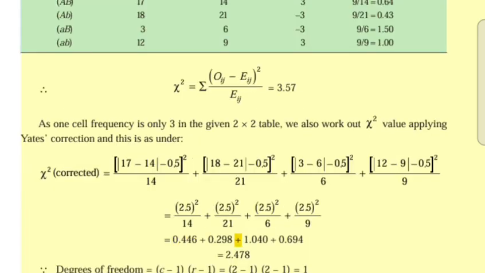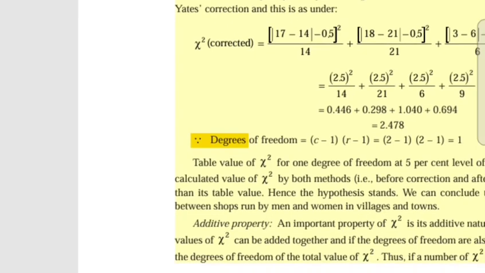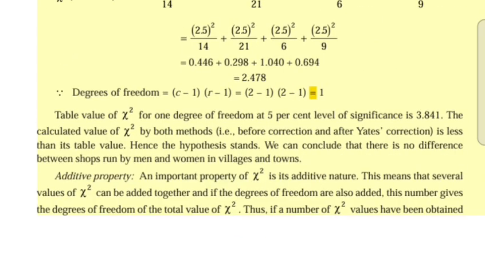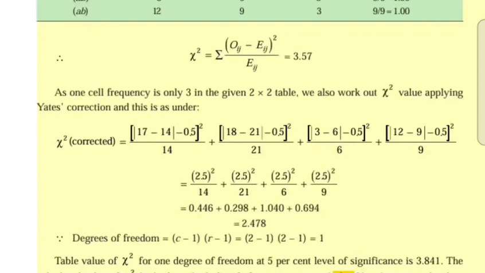Degrees of freedom equals (c minus 1)(r minus 1) equals (2 minus 1)(2 minus 1) equals 1. Table value of chi-square for 1 degree of freedom at 5% level of significance is 3.841. The calculated value of chi-square by both methods, that is, before correction and after Yates' correction, is less than its table value.